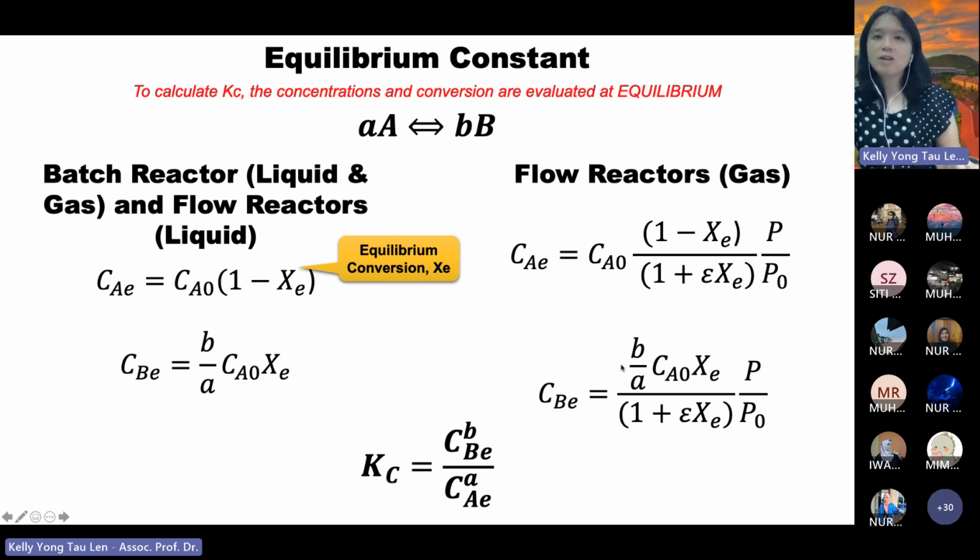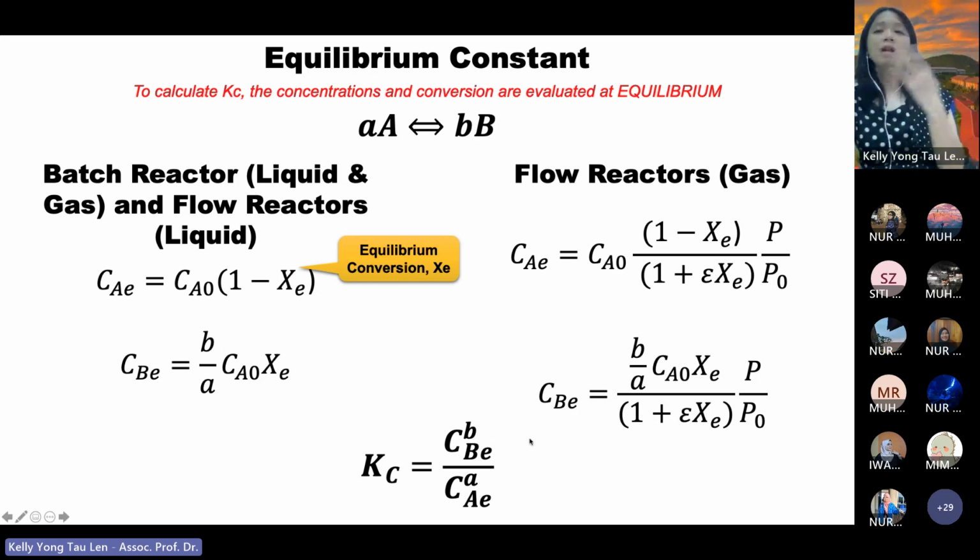Just that for flow reactor gas, concentration dia kita dah express differently sebab jangan lupa we have the down part 1 plus epsilon XE kalau kamu ingat, dan kalau ada pressure drop kita kena address juga P per P0. So this is the hardest part lah, kamu kena somewhat understand, okay, macam mana kita nak express benda tu kalau kita ada reversible flow. Reversible flow liquid, reversible flow gas, reversible batch reactor.